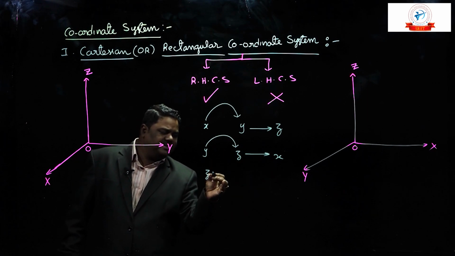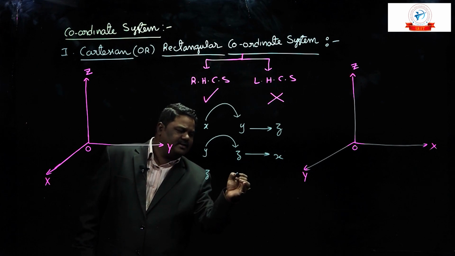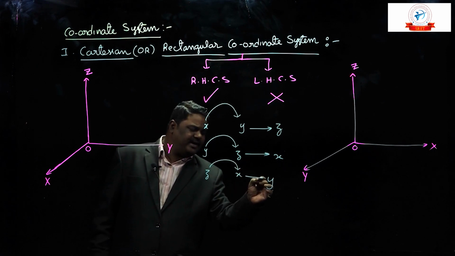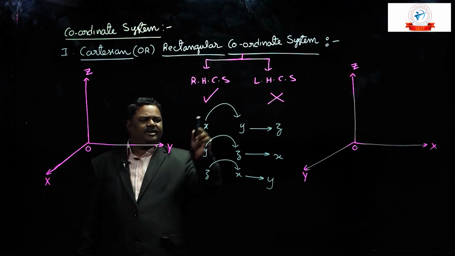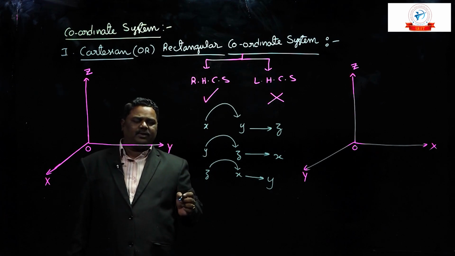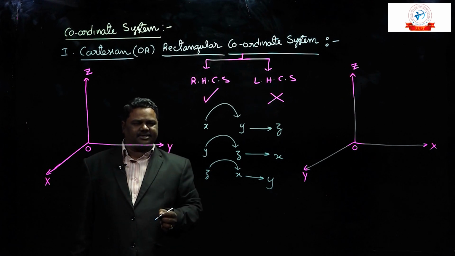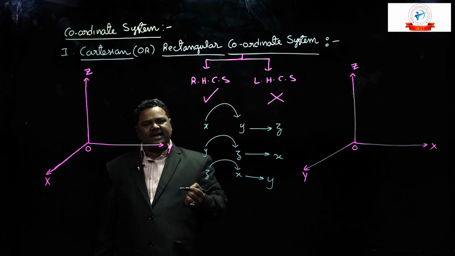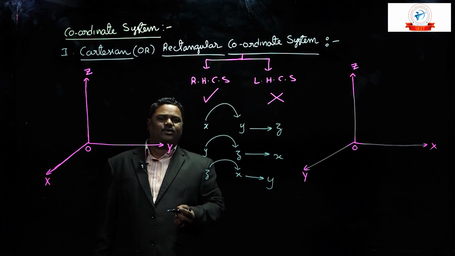Again shifting, Z, X, Y: rotation from Z to X should indicate the Y direction. If any one of these rules is satisfied with the help of the right hand thumb rule, then it is called a right-handed coordinate system. When any one of these rules is satisfied with the help of the left hand thumb rule, then it is called a left-handed coordinate system.